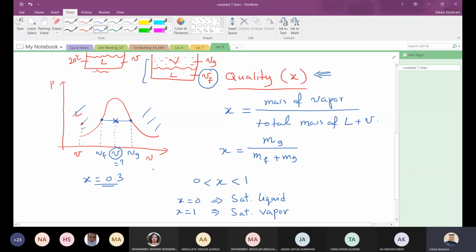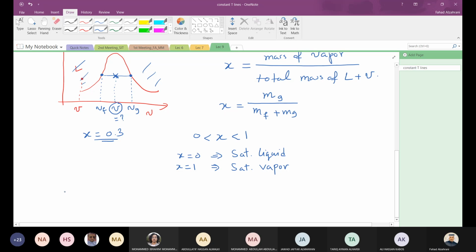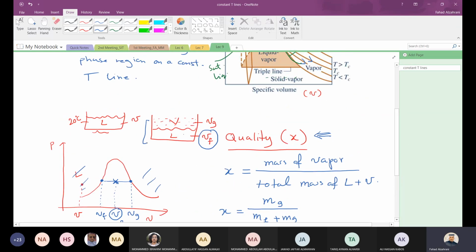We can derive this as follows. We know that the total volume is the volume of the liquid plus the volume of the vapor. Remember, we're talking about the volume, not the specific volume, and the specific volume depends on the mass.